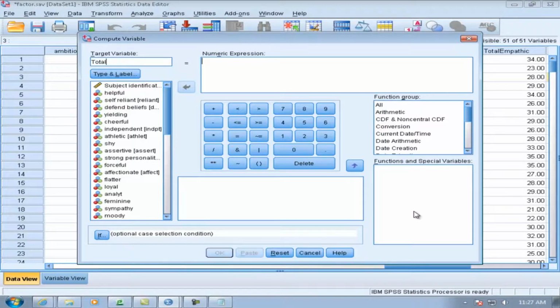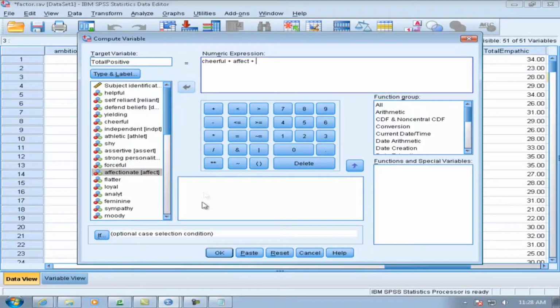Okay. Now you have to tell me which ones load on there. Helpful doesn't load on anything. Cheerful. I'll go for that one. How about the next one? Affectionate. Okay.